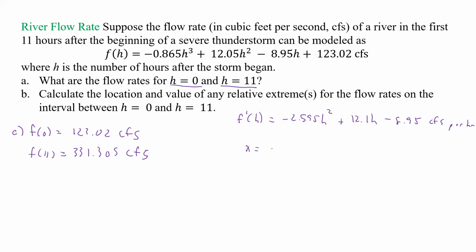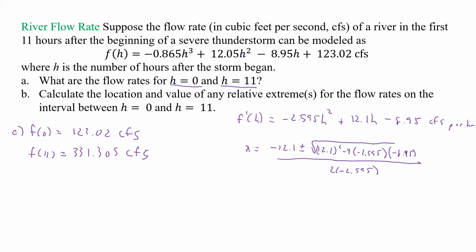So we're going to plug it into our nice little equation again. So we'll have x equals negative 12.1 plus or minus the square root of 12.1 squared minus 4 times negative 2.595, and then times the negative 8.95, and then that's all over 2 times negative 2.595.